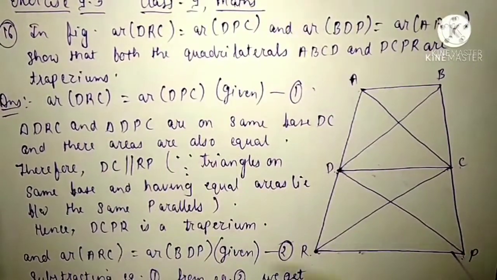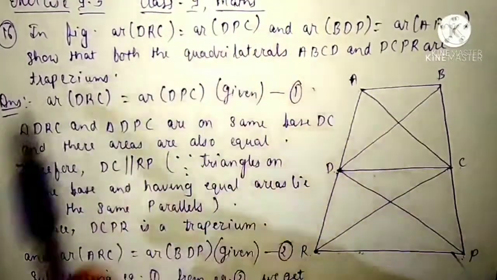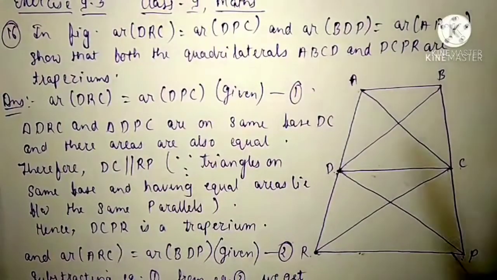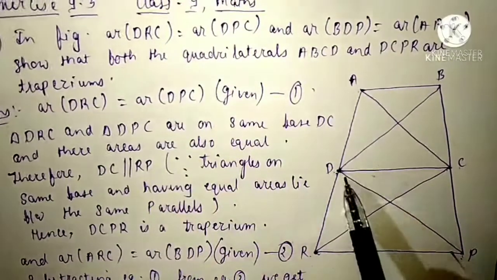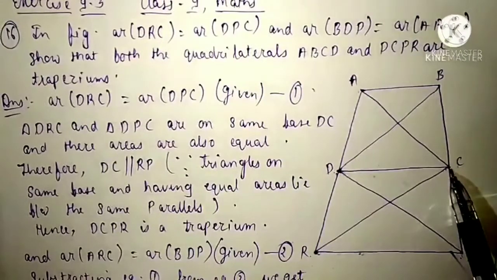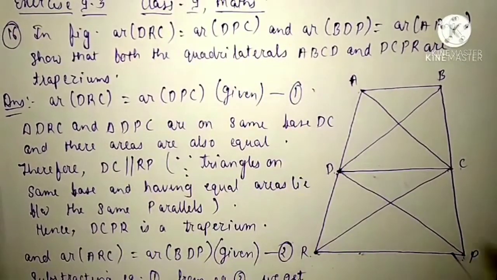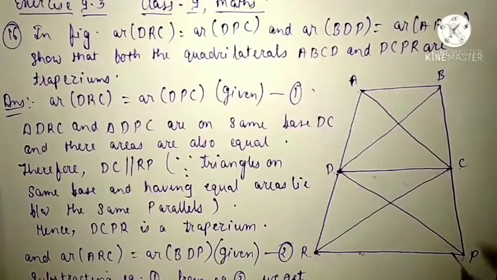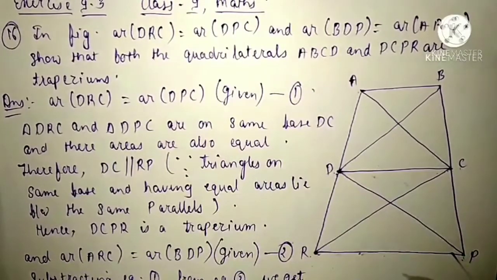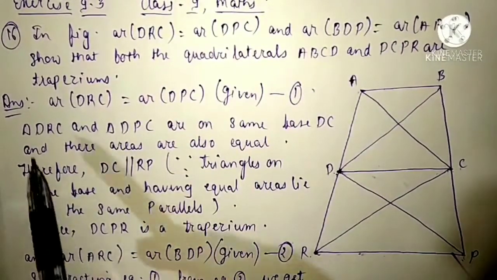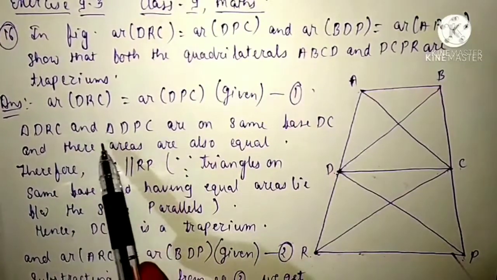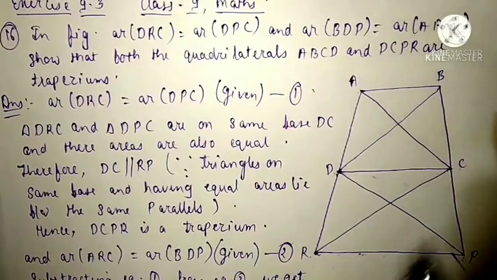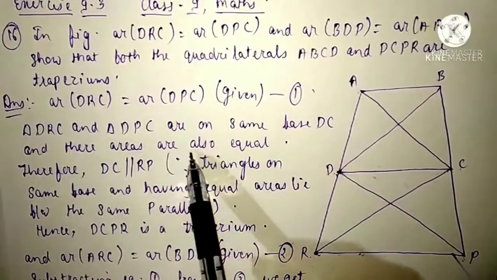Now see, first what is given to us, area of DRC is equal to area of DPC. Now in these two triangles base is same and their area is equal, that means they will be between the same parallels. So we will write triangle DRC and triangle DPC are on same base DC and their areas are also equal.